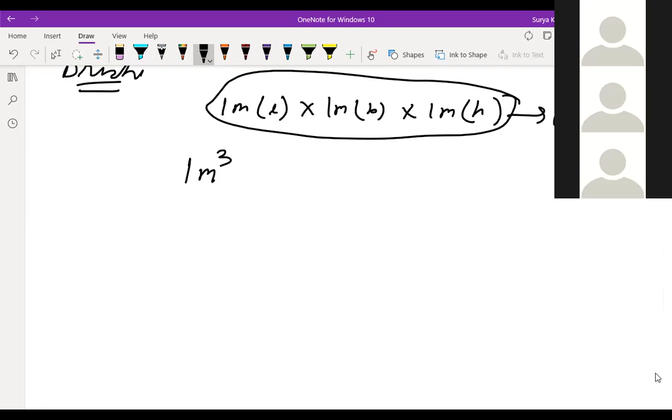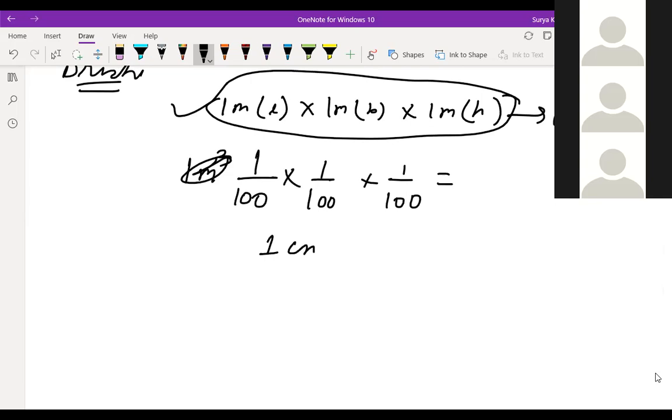Understood, Hemant? Yes, sir. 1000 liters of water you can put in this can. Suppose I want to convert into centimeter. So what I can write here, 100 centimeter into 100 centimeter into 100 centimeter. So this becomes 1 centimeter cube, right?